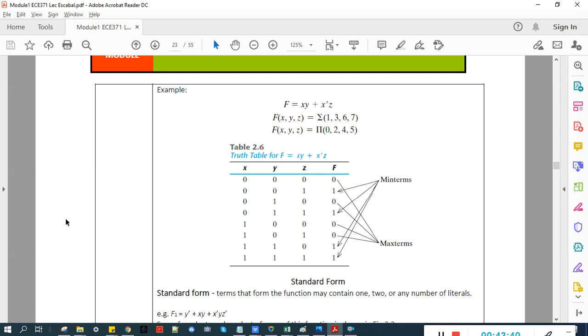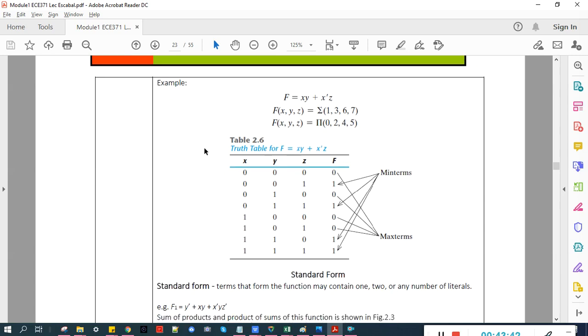For example, f is equal to xy or x prime z. If we convert this into the sum of min terms using the truth table, we have these outputs, and the min terms are those with 1 values.